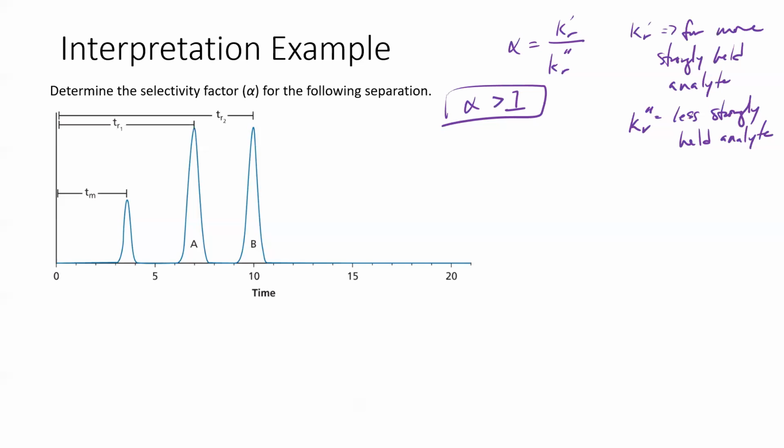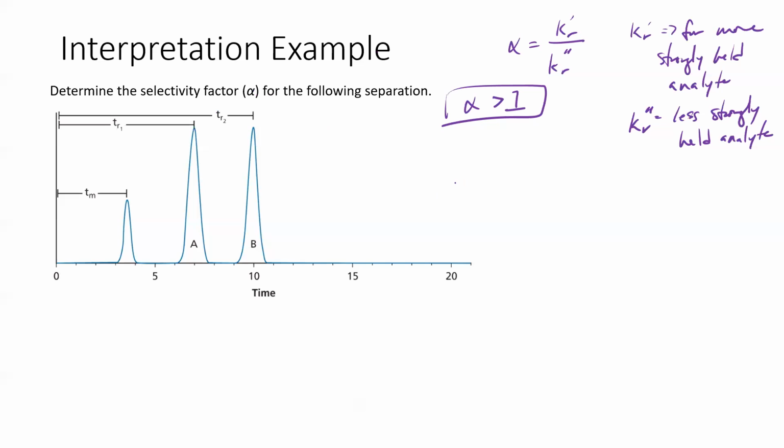And so what alpha gives us, this selectivity factor, selectivity, if you remember from exam 1, is the ability to analyze only one component out of a mixture. This selectivity factor tells us a little bit about how well resolved two components are going to be.